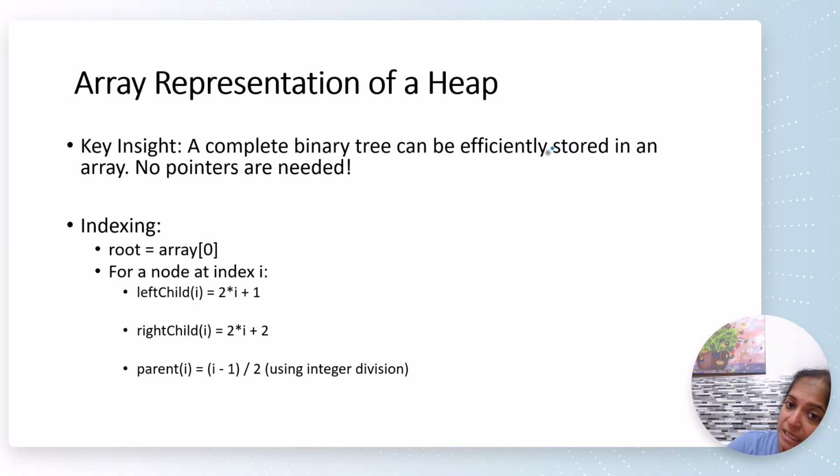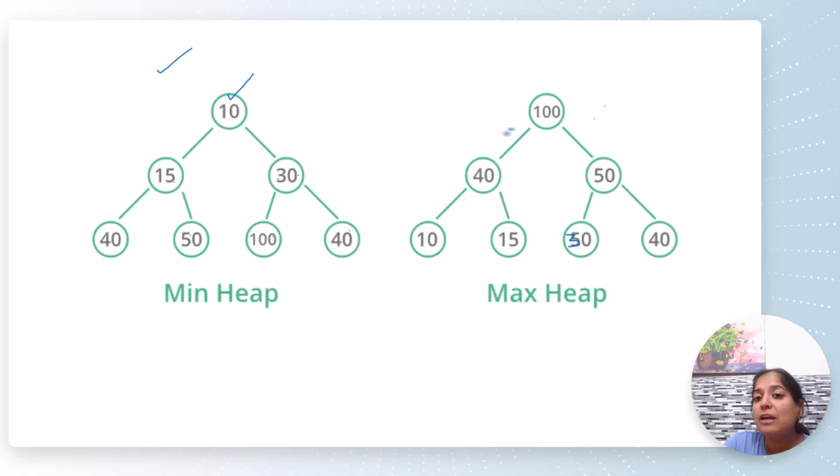We can represent a heap by using an array, by traversing it level-wise. So it is index 0, index 1, 2, index 3, index 4, index 5, index 6.